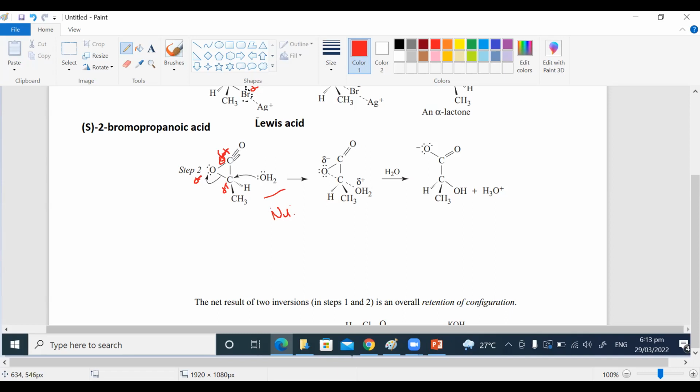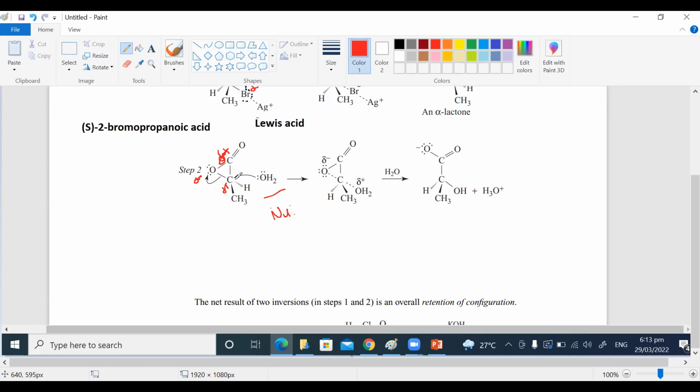Here this carbon is much more stable; it is planar compared to this one, which is more strained. This one is planar and utilizes sp2 hybrid orbitals, and this carbon is more strained, so it is more reactive. So it will attack this carbon here.